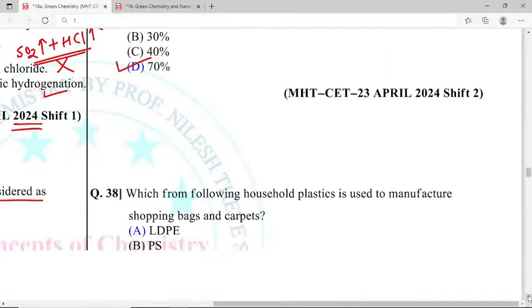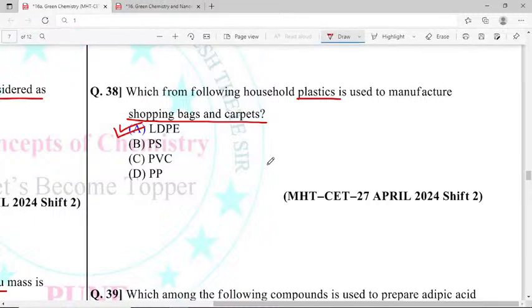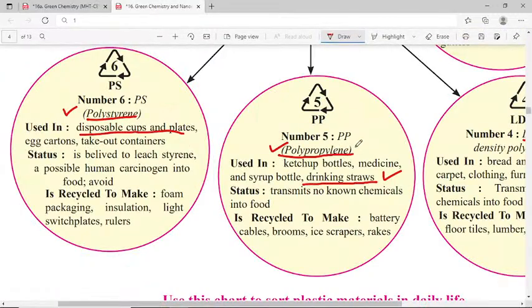Next question. Which of the following household plastics is used to manufacture shopping bags and carpets? Low density polythene. PS, PVC, PP: what do PS, PVC, PP stand for? I am showing here one of the tables where PP is written. PP stands for polypropylene. PS stands for polystyrene.